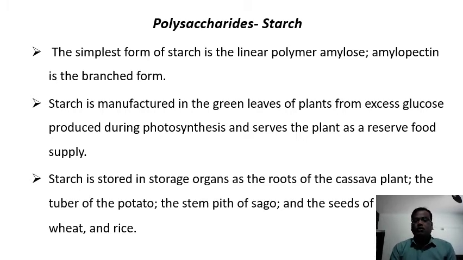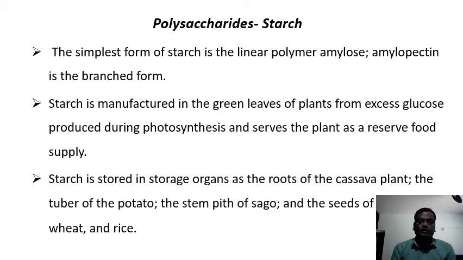Now, the glucose, actually fructose is produced in the beginning, and that fructose is converted into glucose, and this glucose is converted into starch molecule, and this starch is stored in different parts of the plant.